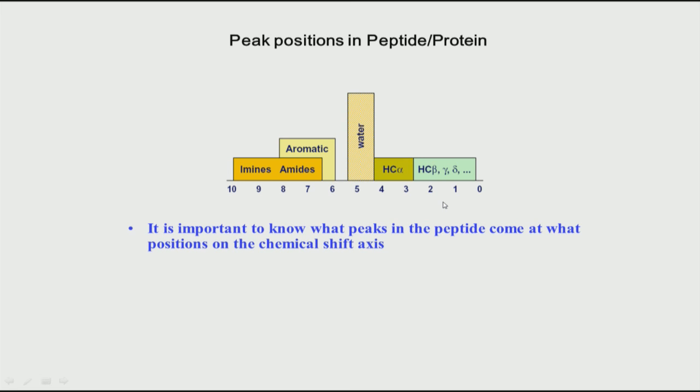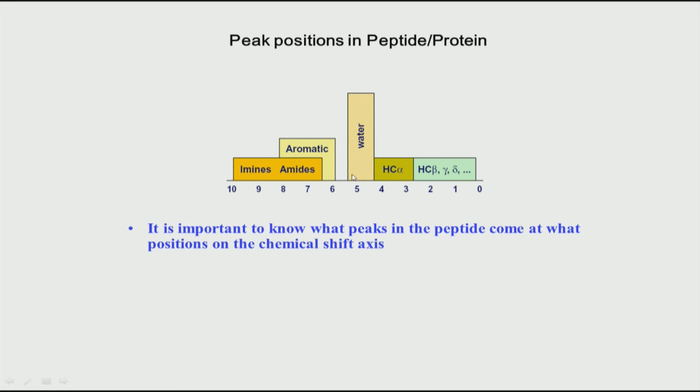It may happen for an unnatural amino acid or some special amino acid that it deviates from these zones or demarcations, but by and large for all peptides you expect to get correlations or peaks for different functional groups in these marked zones. Between 3 to 5 ppm you typically get peaks for the H alpha of all amino acids, and then comes the water.